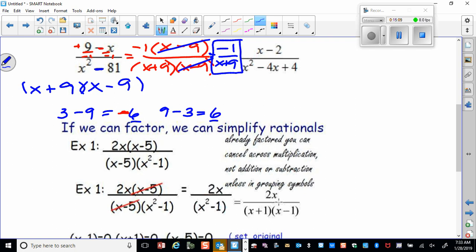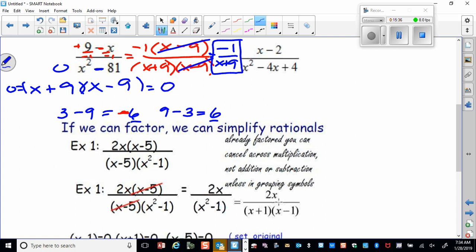Now my excluded values here, if I look at my denominator, I have two of them. There are two values that are going to give me a 0 in my denominator. So this could equal 0, or this one could equal 0.